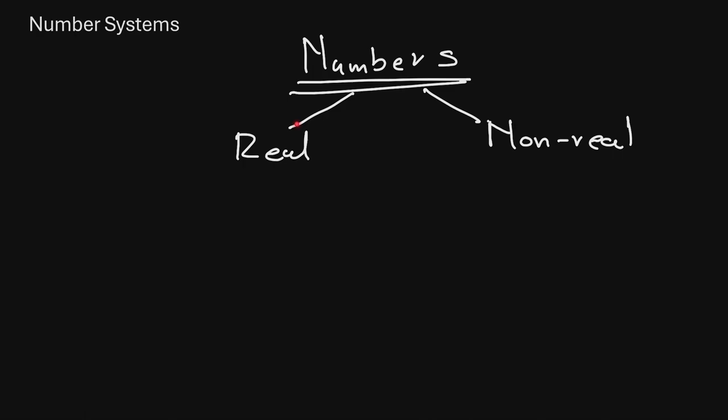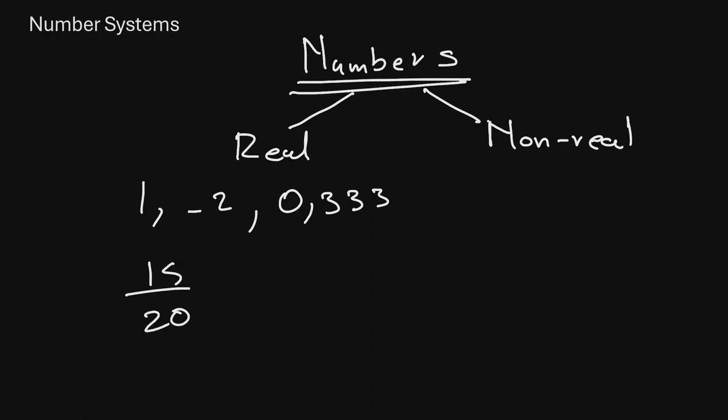For example, these numbers can be whole numbers, for example, 1, -2, decimal numbers like 0.333, fractions like 15/20. Those different types of numbers that exist in a calculator, we call them real numbers. So any number that you know exists in a calculator, that is your real number.